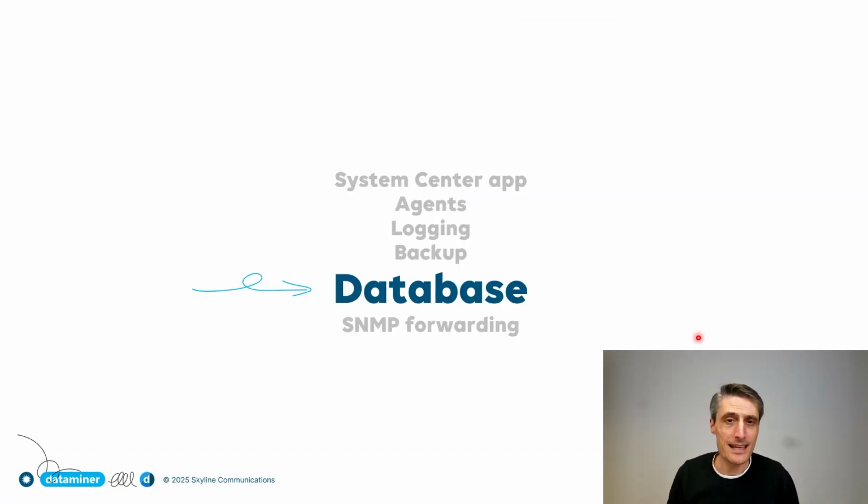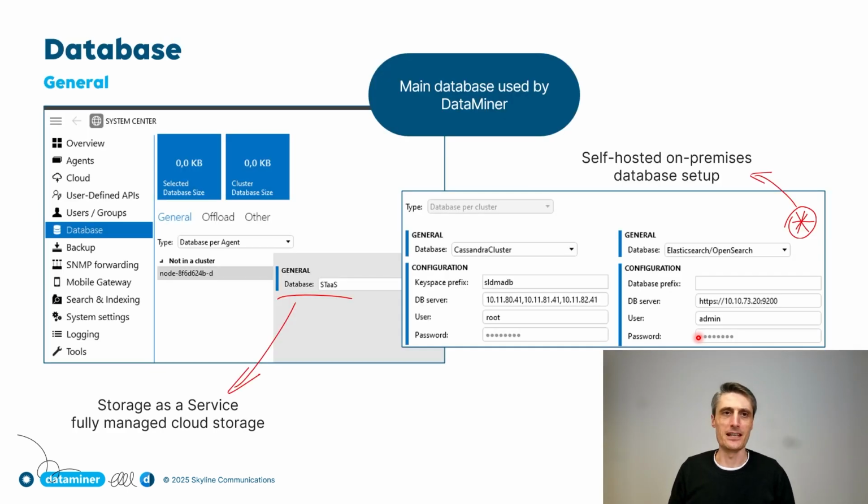Okay, so let's take a look at the database page as well. Again, a little bit like with backup, it depends on what your hosting will be, on what you will have in there. Here we can see that we have a general page with the possibility to configure your database per agent or per cluster. Those are the two things you have.